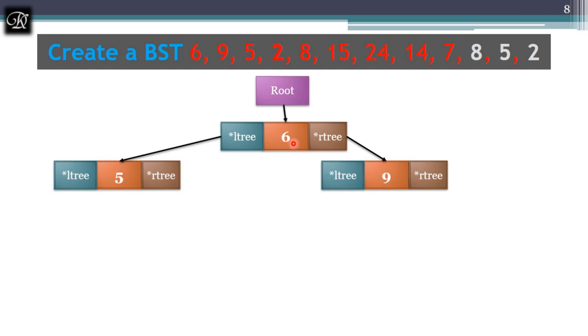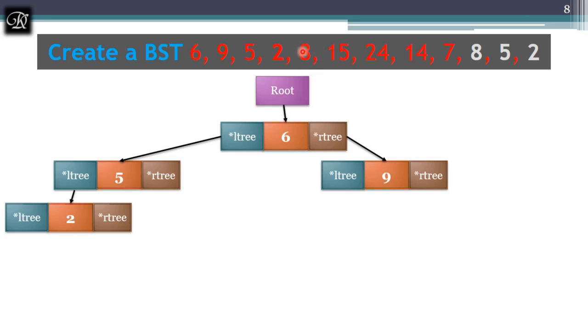It is 6 and 2, where 2 is lesser than 6, so I should move towards the left. Already I have a node on the left, so I should compare again with this 5, whether 2 is smaller than 5 or greater. 2 is smaller than 5, so make it the left node of 5 and connect it with the left link of the 5.